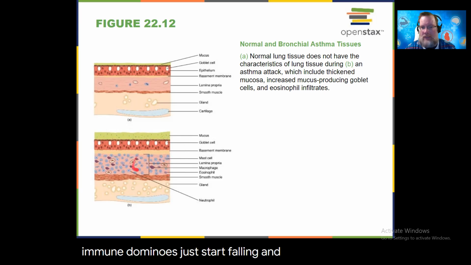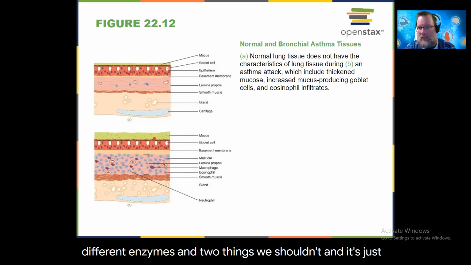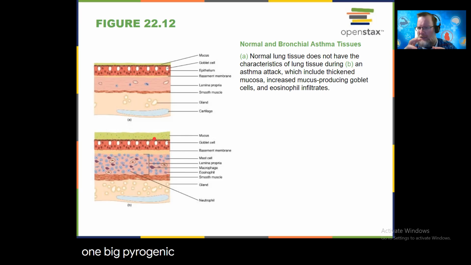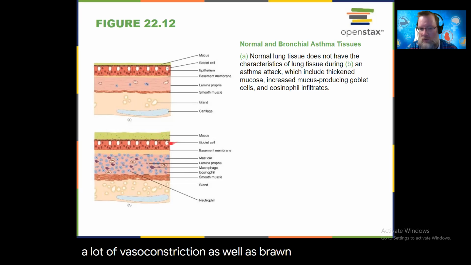It's too crowded, and our own immune cells are triggering more immune cells to show up, and we're converting different enzymes into things we shouldn't. It's one big pyrogenic inflammatory fire, and it causes a lot of vasoconstriction as well as bronchoconstriction because of all that mucus.